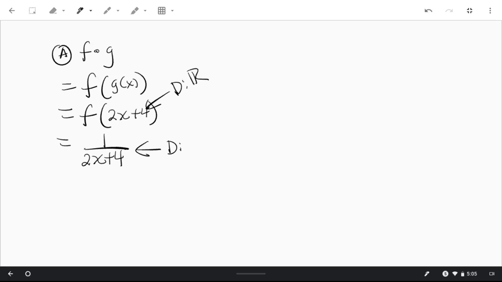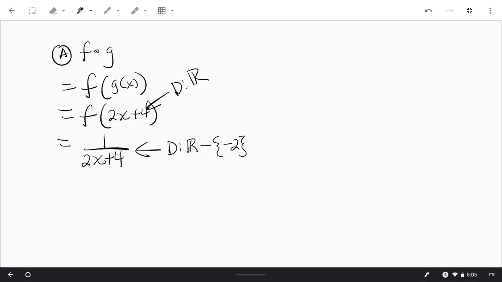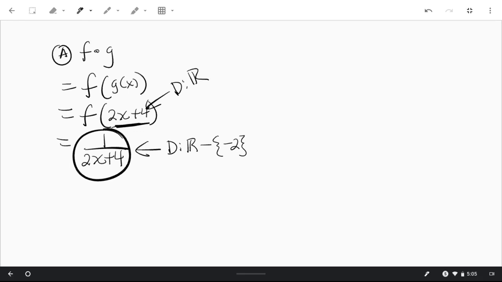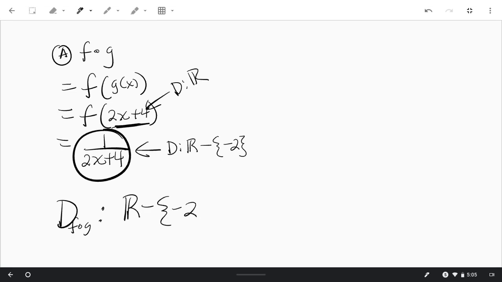Once you look at the two functions and their domains, the one that we plugged in has a domain of all real numbers, and the final one has all real numbers except for negative 2. So the final domain is going to be all real numbers except negative 2.